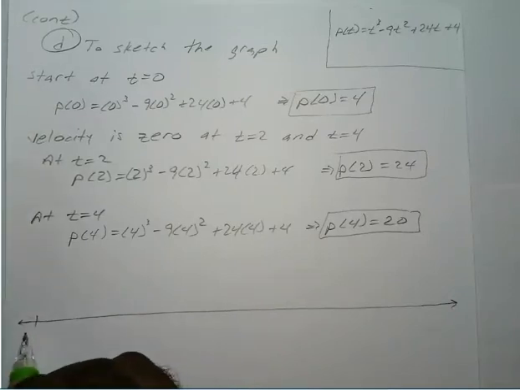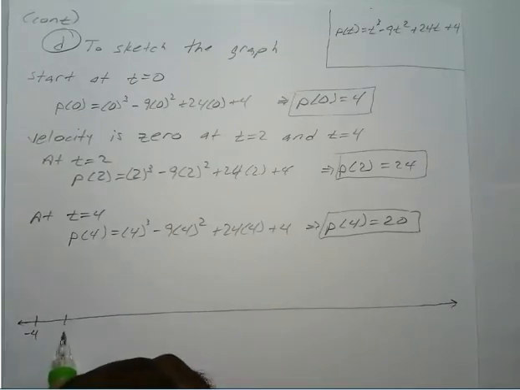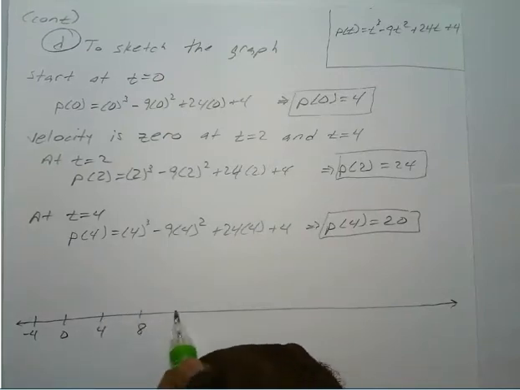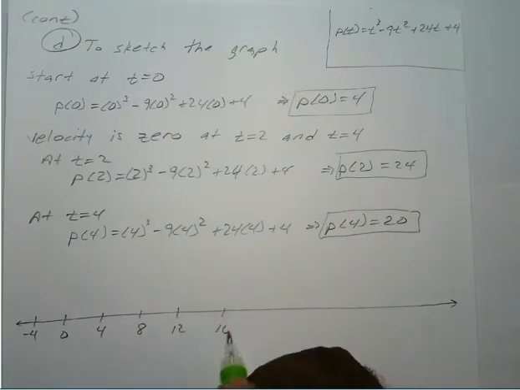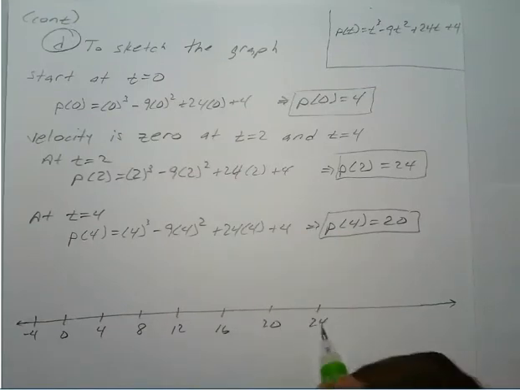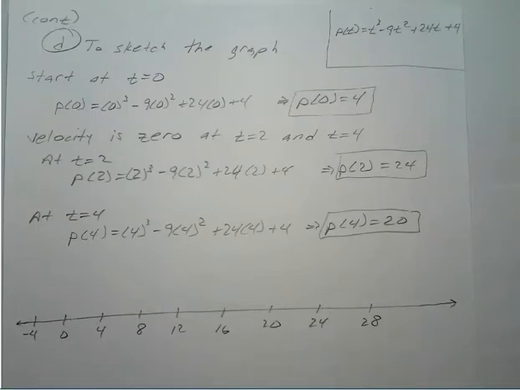So we have -4, 0, 4, 8, 12, 16, 20, 24, 28. That should be good enough.